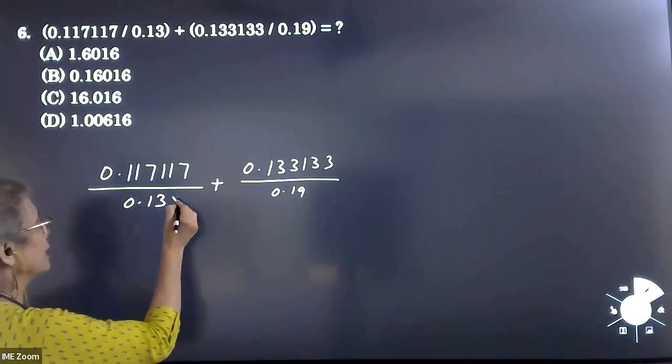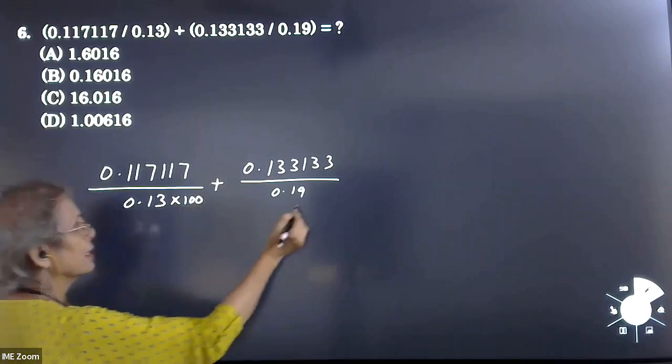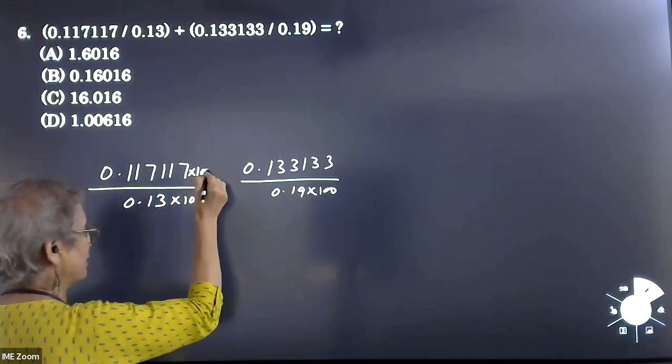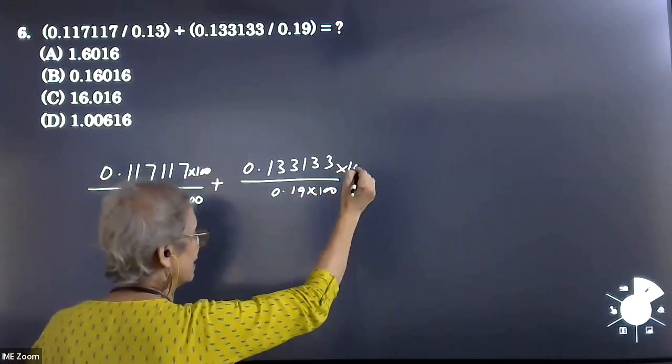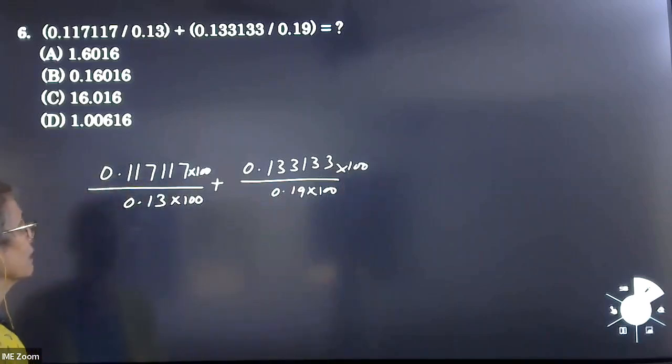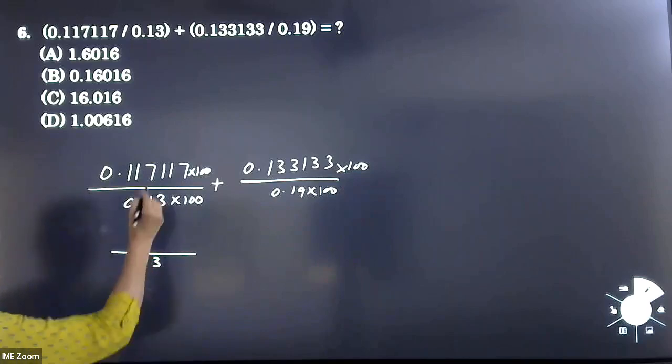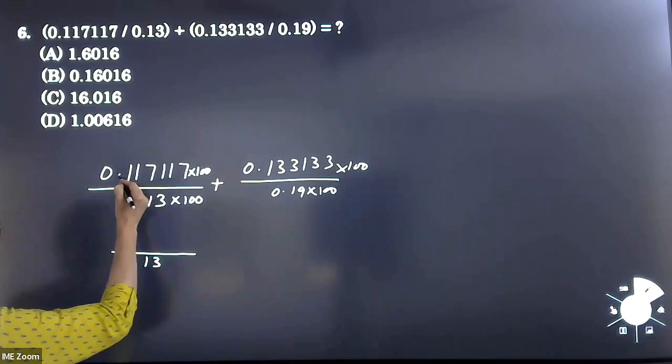So try to remove decimal point in the denominator. So what I will do, I will multiply this by 100. And this also by 100. So naturally here also I have to multiply. Equivalent fractions we have done. Okay. So what will happen? Denominator will be 13. And here it will be 2 places this side.